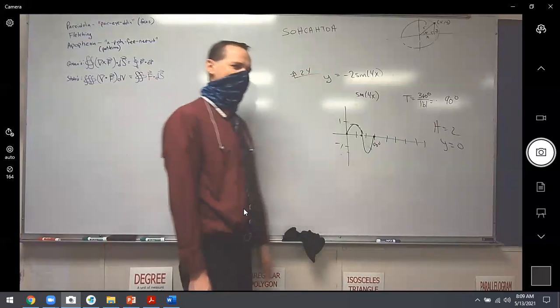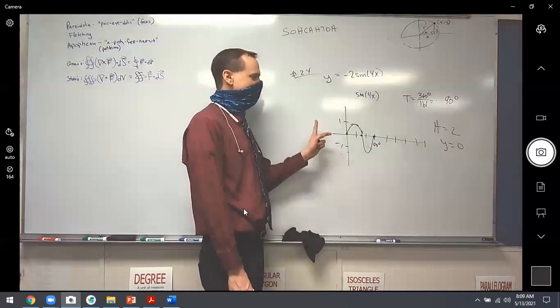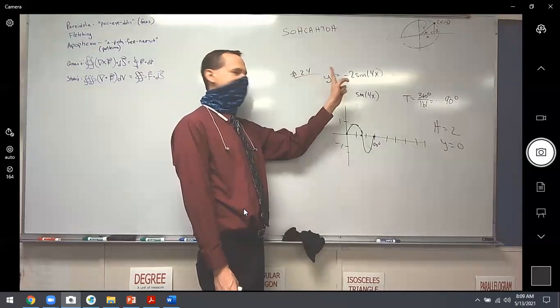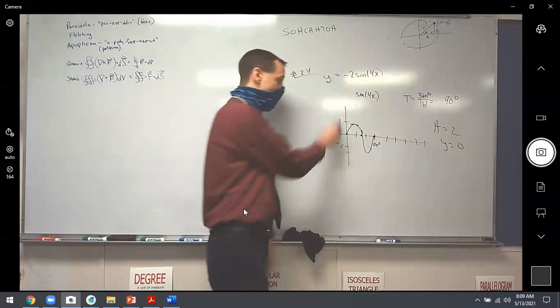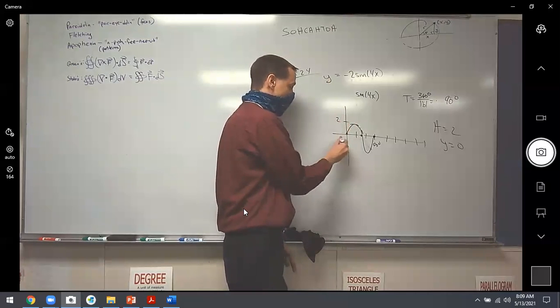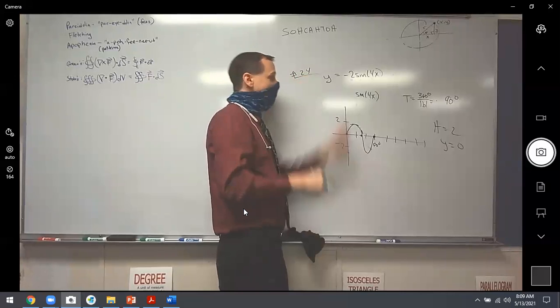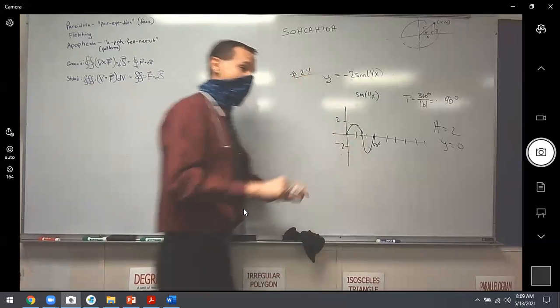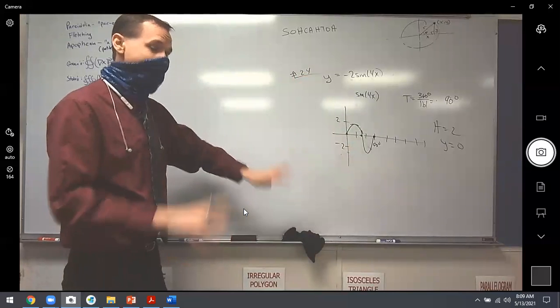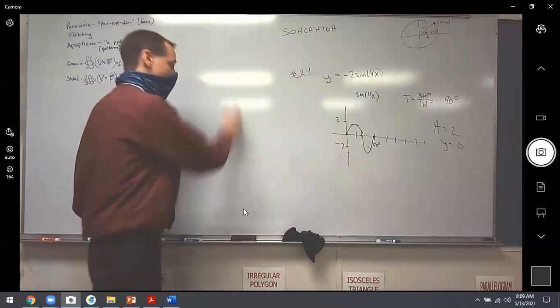But we're still not quite done with the graph. This was just sine of 4x, right? We never did the 2, we never did the negative. You said the amplitude was 2, so it shouldn't go up to 1. It should go up to 2 and -2. But also we have a negative, so the whole thing needs to get flipped, correct? So now that I kind of know what the whole thing's going to look like, now let's put it on the actual paper.